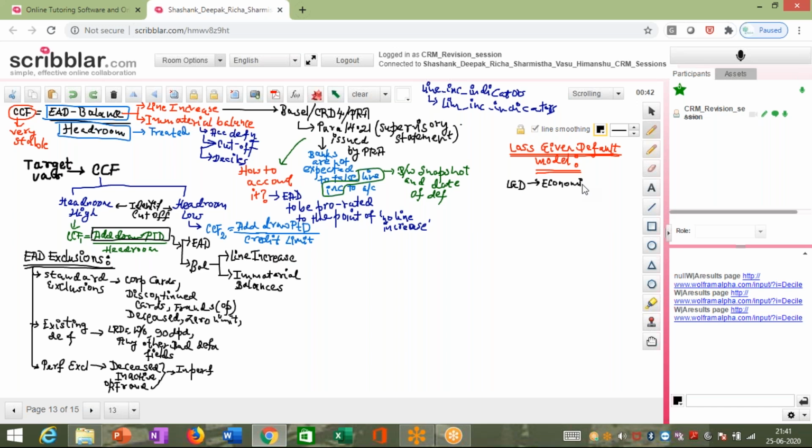The recovery process happens over a period of time, and therefore there has to be a discounting factor, because you are trying to capture the economic loss and not just the accounting loss. So this is the basics of loss given default.